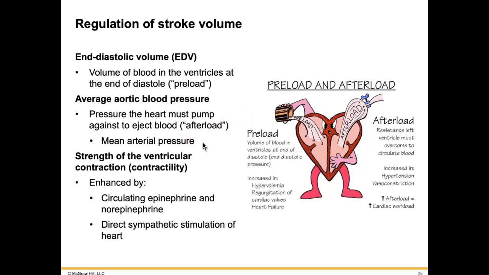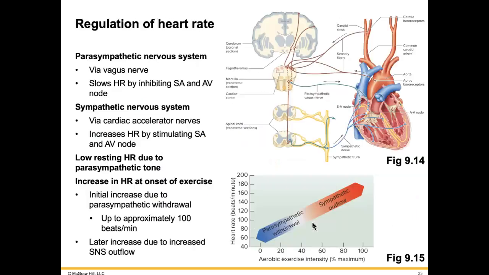So let me go back to a more anatomical representation of the heart really quick. Let's use this one here. So we have all of this volume of blood in the heart after diastole. That's our preload. And now we have to push against the pressure that is closing the aortic semilunar valve and the pulmonary semilunar valve in order to get this blood out of the ventricles.